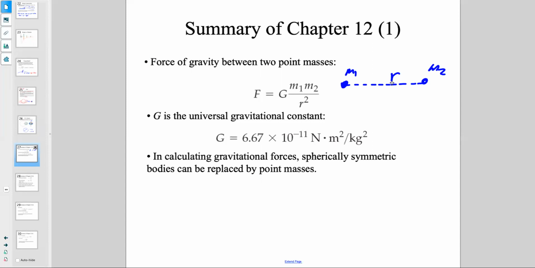In calculating gravitational forces, spherically symmetric bodies can be replaced by a point mass. In other words, if I have an object like this, spherically symmetric, I tried my best, but let me actually draw it using one of my tools here. So if I have an object like this, I can think of this object as a point mass, okay?